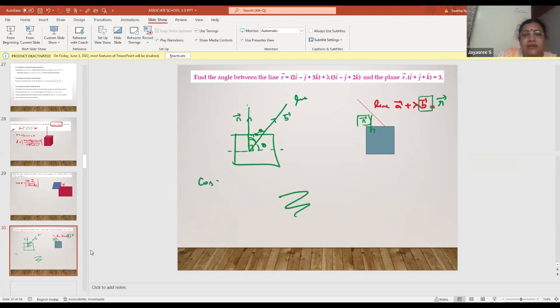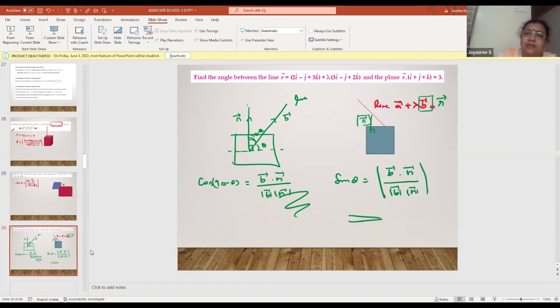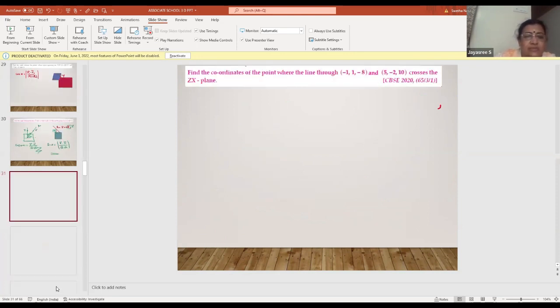Cos 90 minus theta, which is sin theta, is equal to b vector dot n vector by magnitude b vector and magnitude n vector. Again we are talking about the acute angle, so we write it in modulus. This is the angle between the line and the plane, a recalling concept which comes up very often in our discussion.